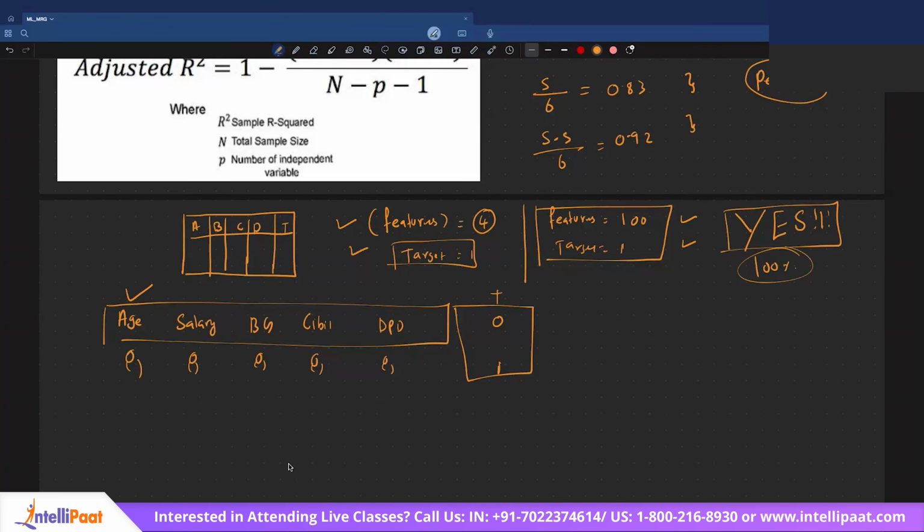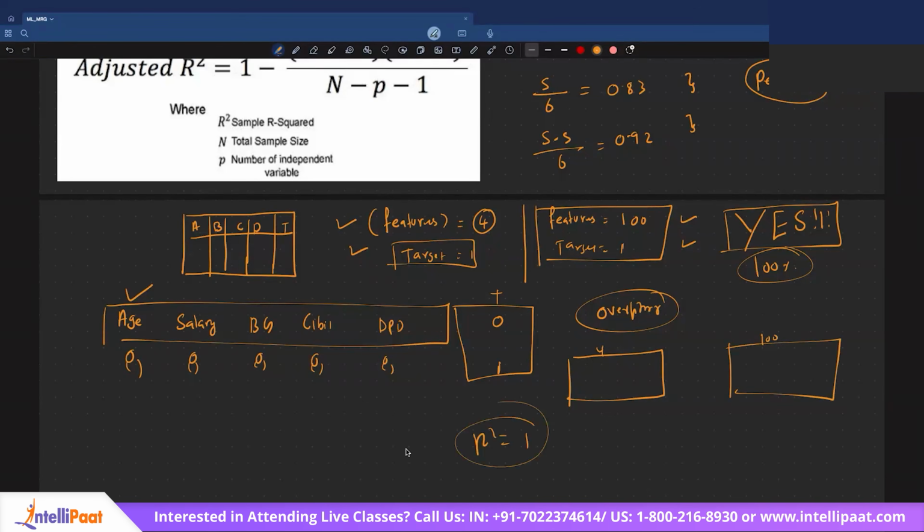The point is, the more columns you have, the higher the chances of something called overfitting. I have not taught you what overfitting and underfitting are, but the more columns, the more the overfitting. So tell me, does it not mean that if a machine learning model with 4 columns exists and a machine learning model with 100 columns exists, because the number of columns is higher, R square will always be closer to 1?